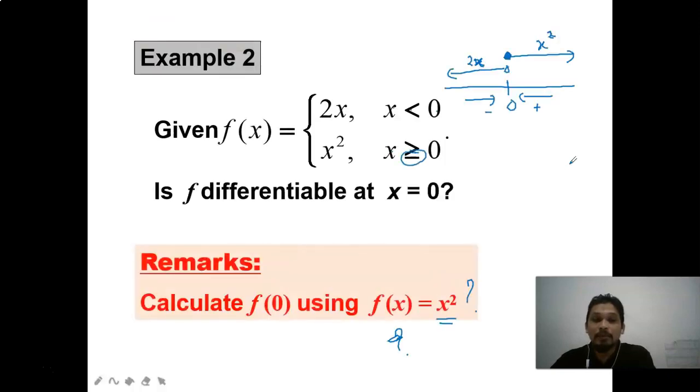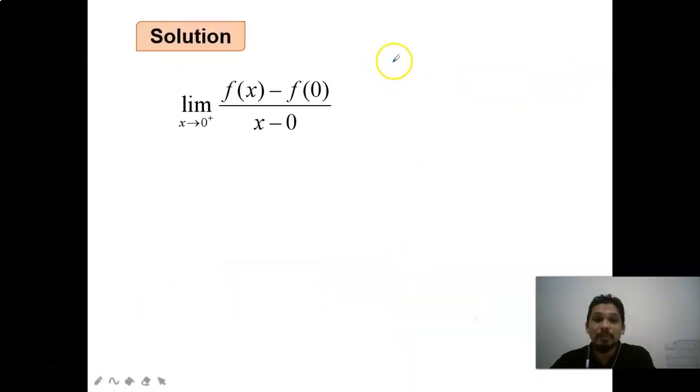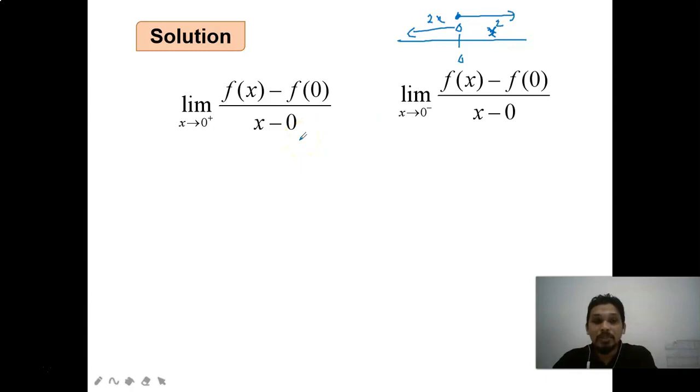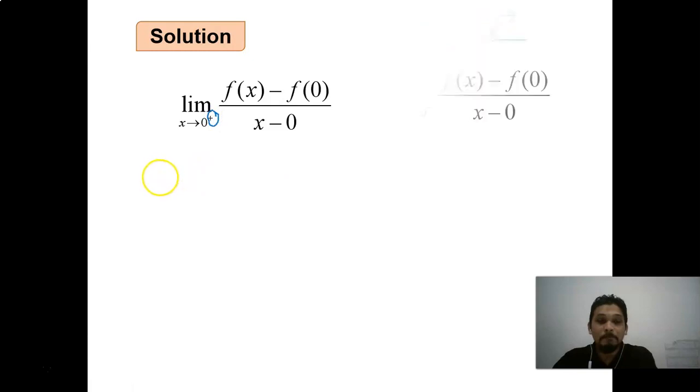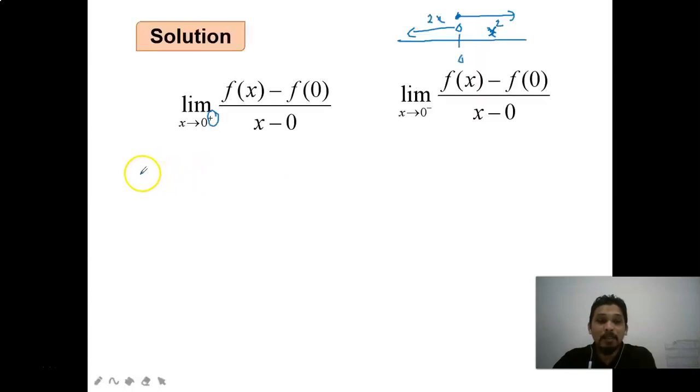Just now, 2x for x less than 0, and x squared, as our reference here. Now, the limit of x approaching 0 from the right.